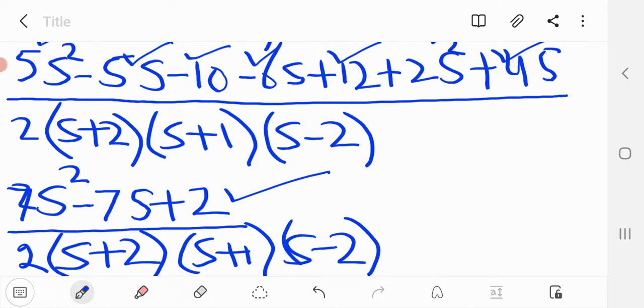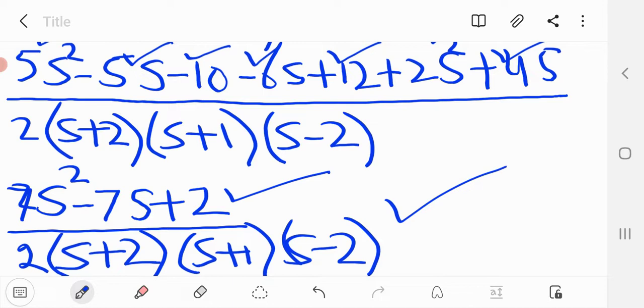Even if we factorize the numerator, if factors like s plus 2, s plus 1 and s minus 2 arose in the numerator, they would be cancelled. But I hope that even after factorization, the numerator will not have such a factor available in the denominator. So this is the end of this algebraic fraction.